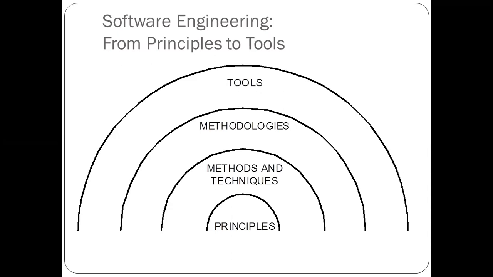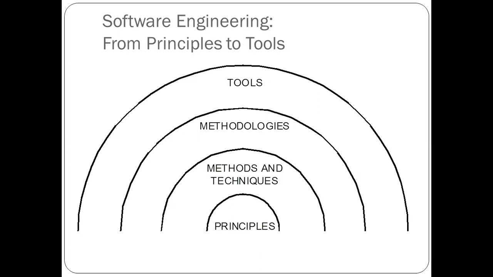Another principle is modularity, and then abstraction, where we write what we are going to do regarding the software, and then anticipation of change, generality, incremental development, and consistency. These are the basic things that come under the principles.